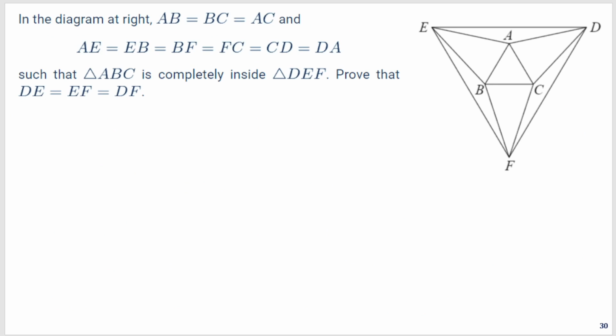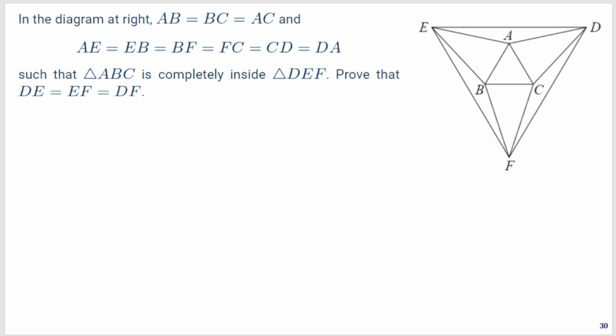Alright, suppose we have a diagram on the right here. AB equals BC equals AC, which means triangle ABC is an equilateral triangle. And also AE equals EB equals BF equals FC equals CD equals DA. All of the sides are equal here, such that triangle ABC is completely inside triangle DEF.